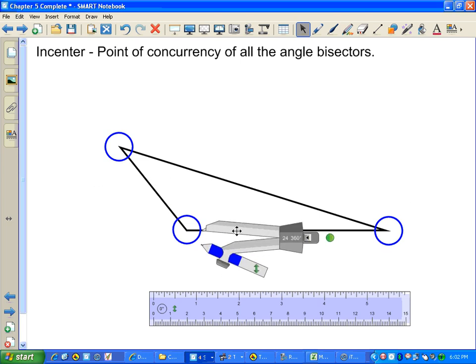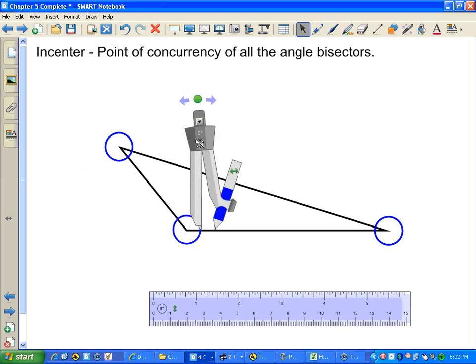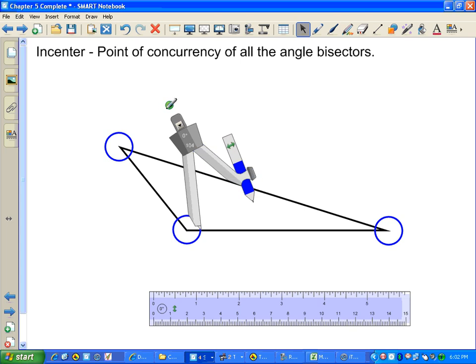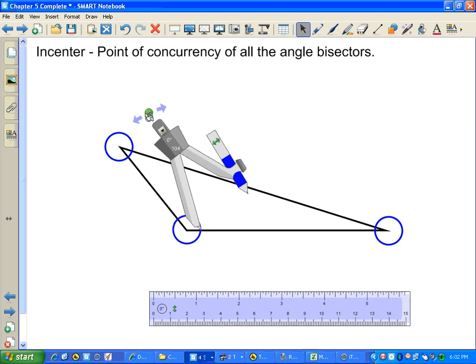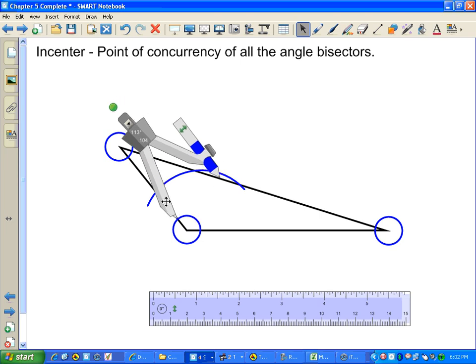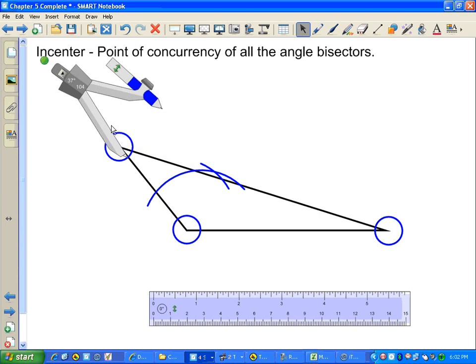Okay, now from these points that we made on each angle, I want to make more circles. I'm going to make them kind of big so they're farther away. That one, I'll make the same one from this point. Okay, and I can just keep going.